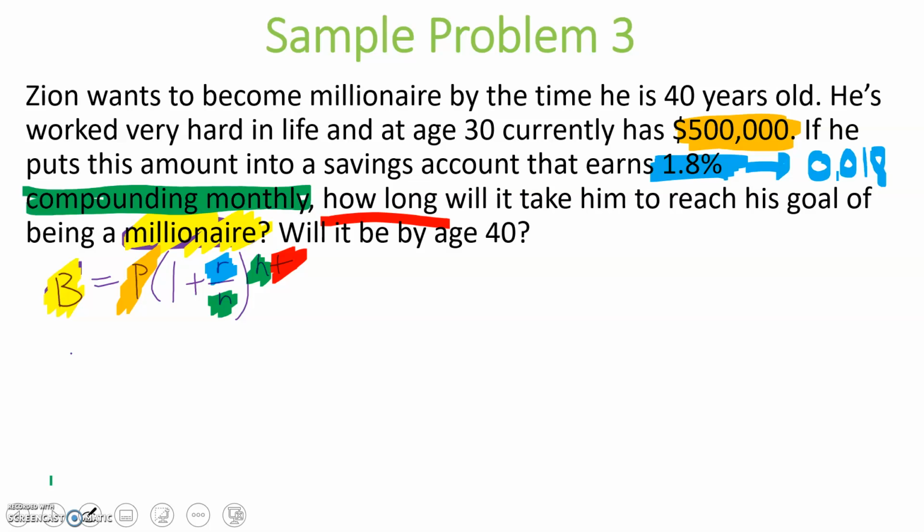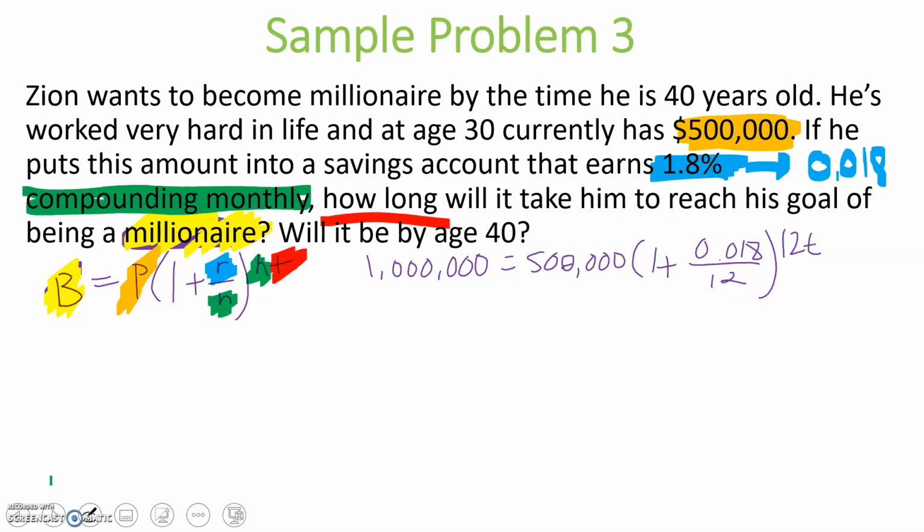So we're going to start by plugging in everything we know. So we're going to do 1 million is equal to 500,000 times (1 plus 0.018 over 12) to the power of 12t.